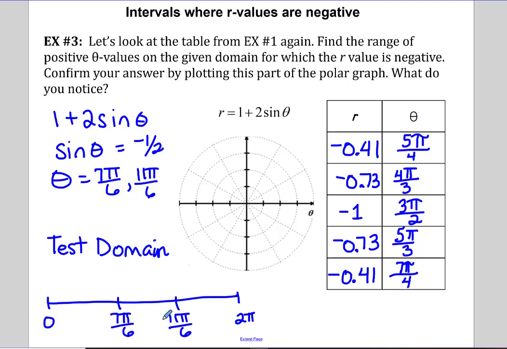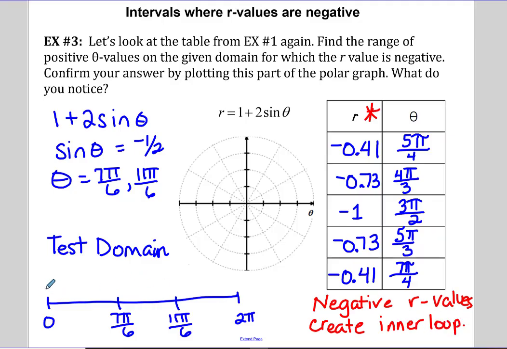So remember we said that the negative R values create the loop. That's what we were looking at. The negative R values. Maybe make a note of that. Are what create that inner loop.